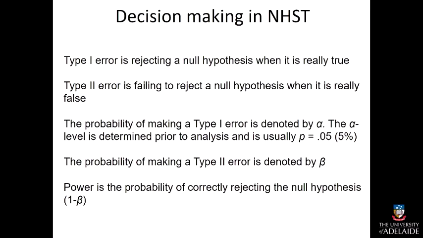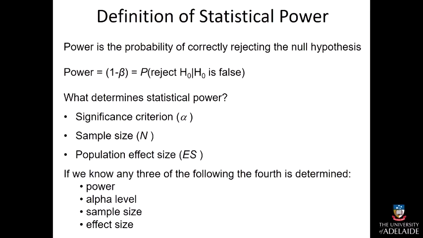The probability of making a type 2 error is denoted by beta, and power is the probability of correctly rejecting the null hypothesis, which is 1 minus beta. So we say in statistical talk that power is the probability that we reject the null hypothesis when the null hypothesis is false, or that we correctly conclude that there is an effect in the population when that effect exists.